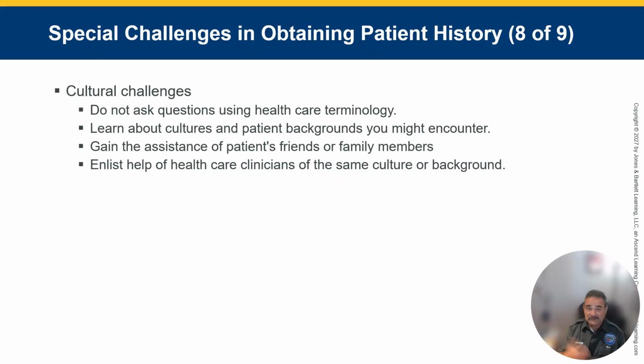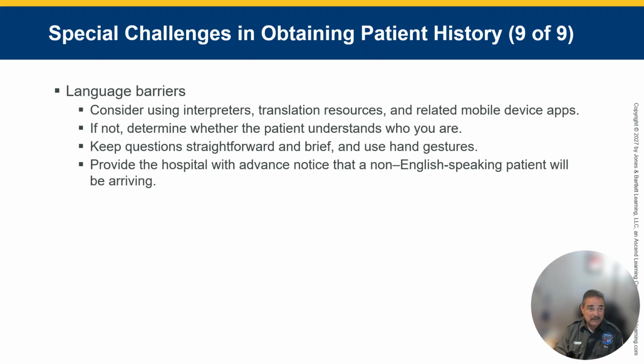Gain assistance from the patient's friends and family members if you're on scene, and healthcare clinicians with the same cultural background. And if it's English versus their native language, get somebody that can interpret and tell you what's going on with the patient. Language barriers, we've talked about that.